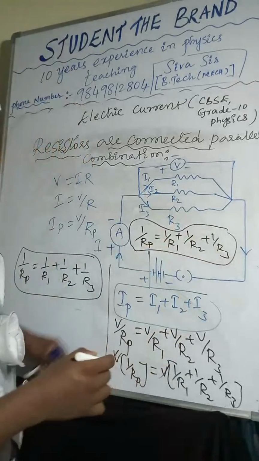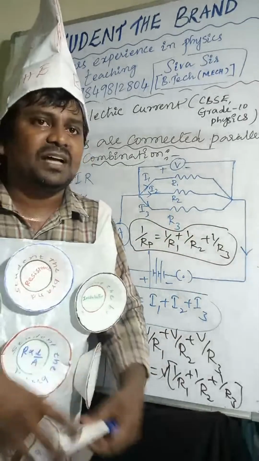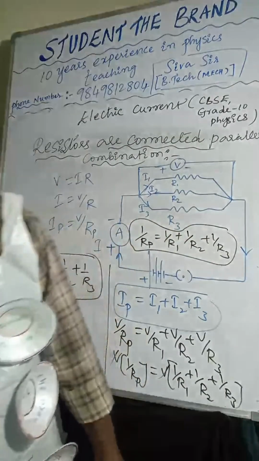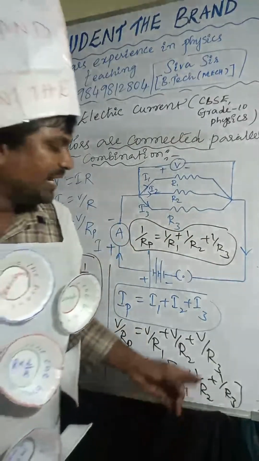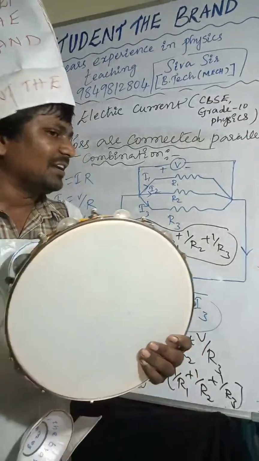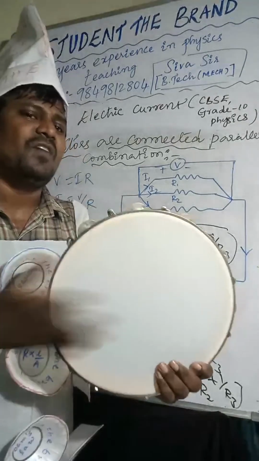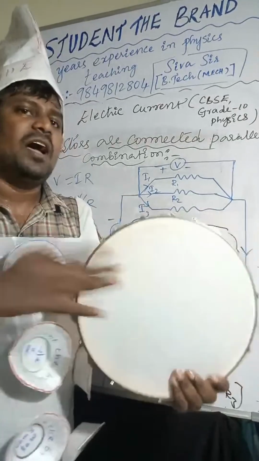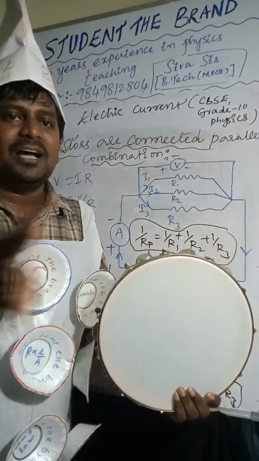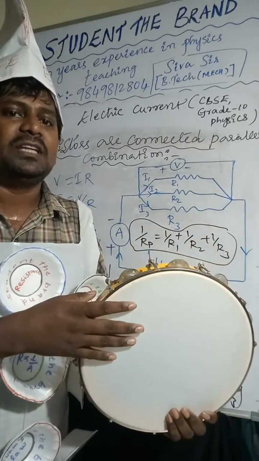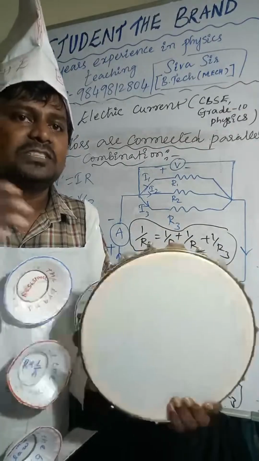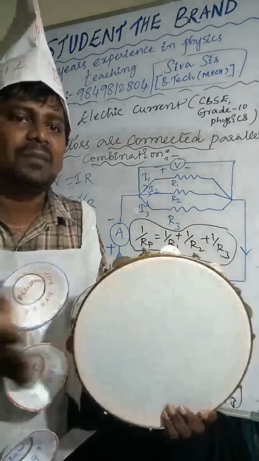This concept I am saying myself, I am Shiva sir. This is my channel, Student D Brand. This question is very important. It will come as a 1 mark question in the board exam.